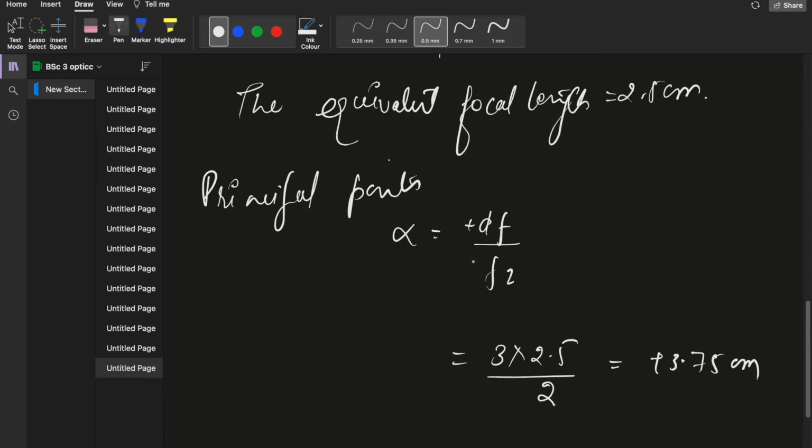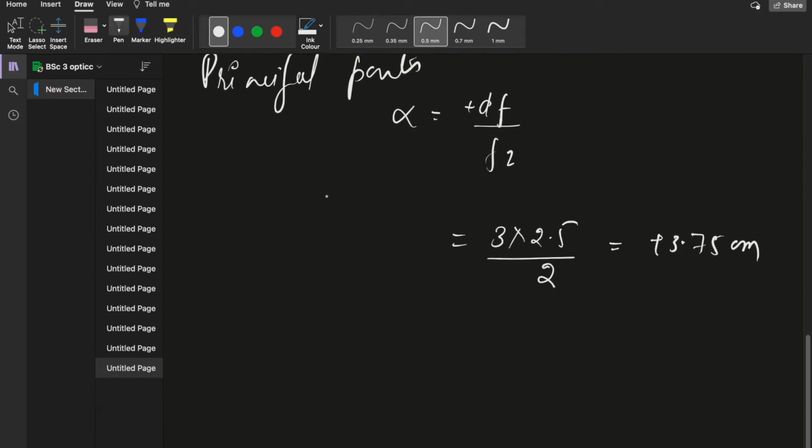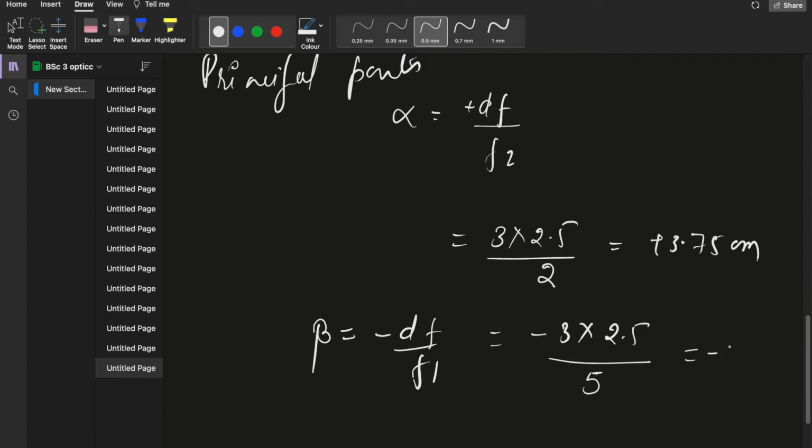That is the first principal point. The second principal point is denoted by beta. This is minus d f upon f1, so minus 3 into 2.5 upon f1, which is 5 here. So this is minus 1.5 centimeter.